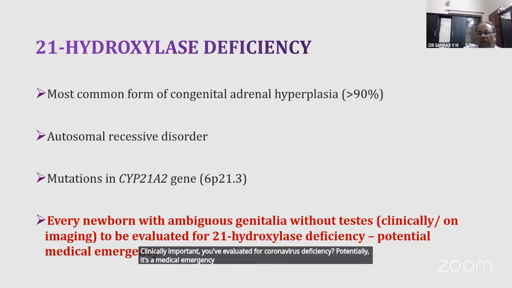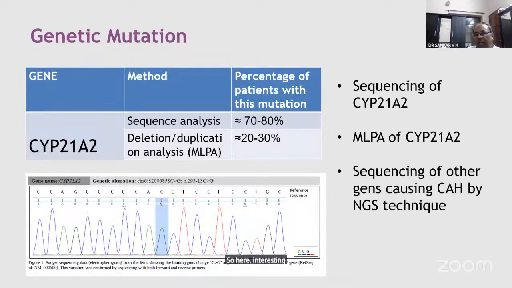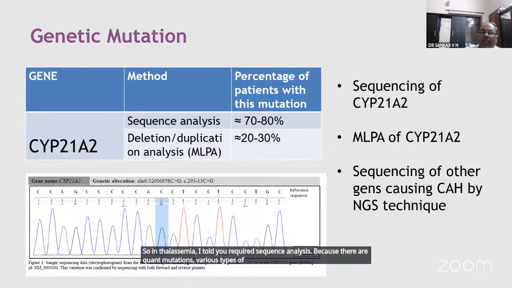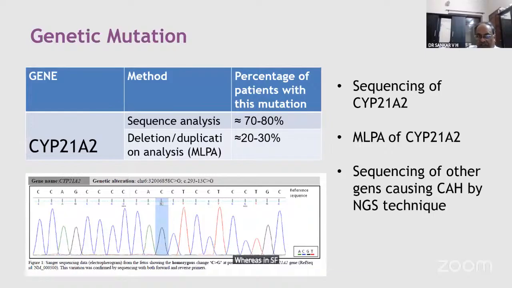Already we have proved. So here, the interesting thing is you have the sequence analysis and also deletion duplication. In thalassemia, I told you sequence analysis is required because there are point mutations, various types of mutations. Whereas in SMA, it is deletion duplication. Whereas in CYP21, 20 to 30% is deletion duplication and 70 to 80% is sequence variations.